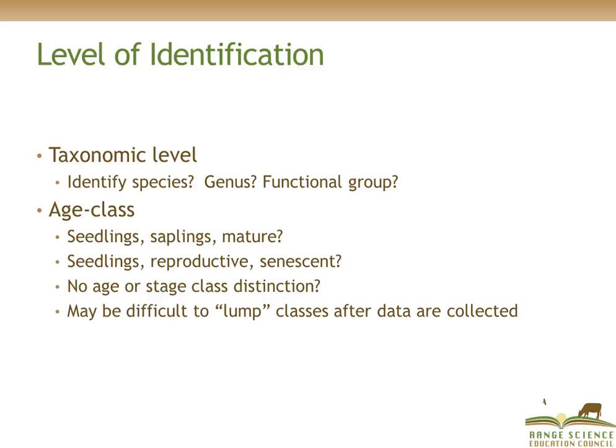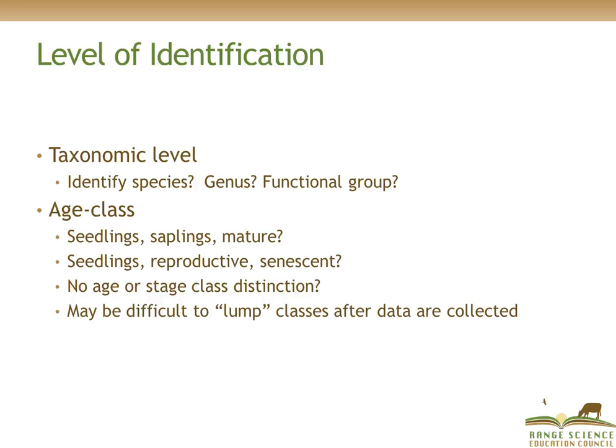Sometimes we're interested in whether the plants are reproductive or have become senescent. And sometimes it's not important for us to make any kind of age distinction or reproductive stage class distinction.